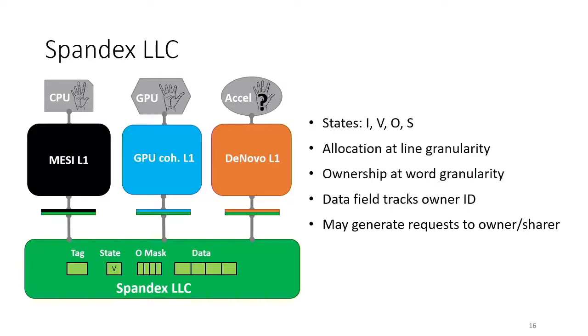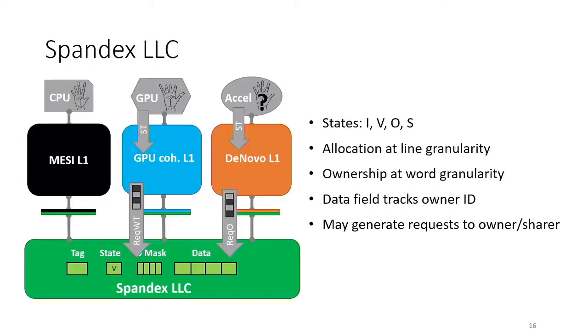The allocation here happens at the line granularity, ownership is at the word granularity, and the data field in the cache line tracks the owners of individual words. So there is no extra overhead for this tracking. And now this LLC could generate requests to the owners or the sharers, and for that we will talk about the next component. But here is just an example.